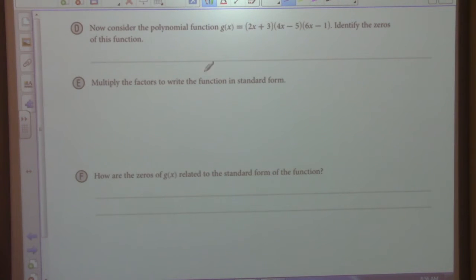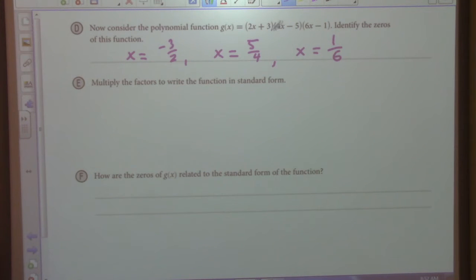What are the zeros? x equals negative 3 over 2. That's one of the zeros. Then we have x equals 5/4, and then x equals 1/6.